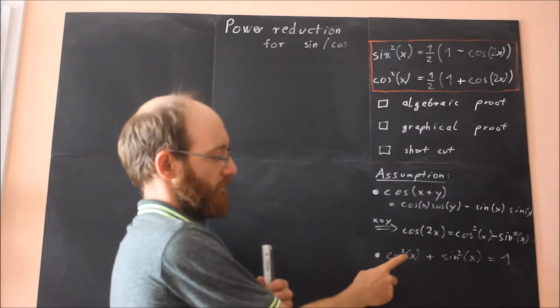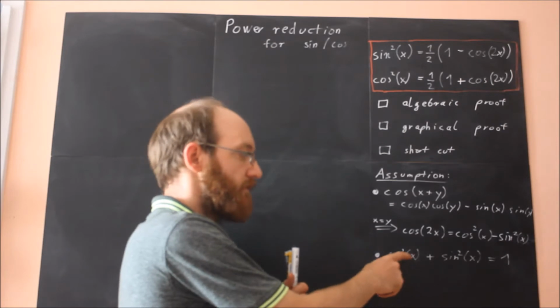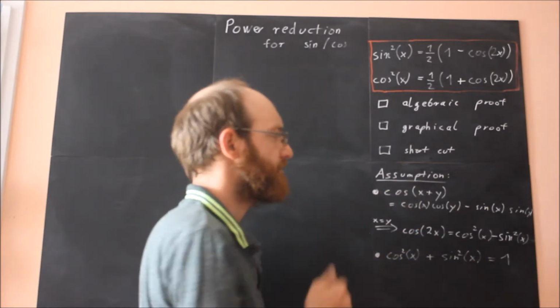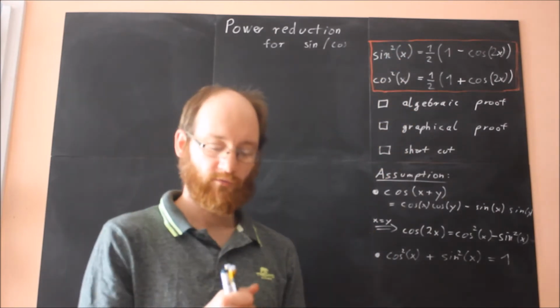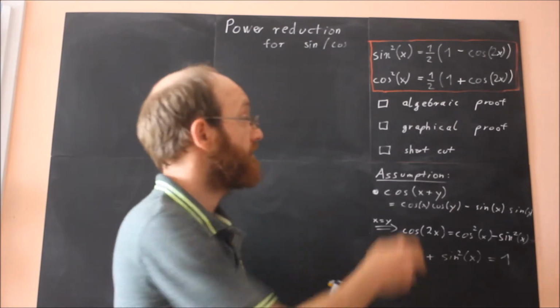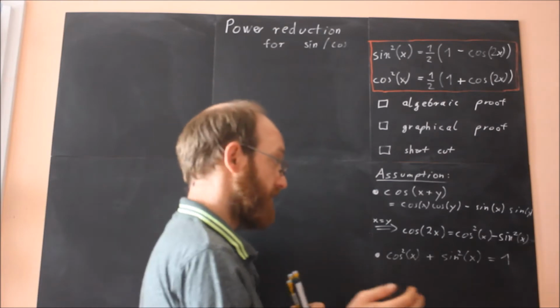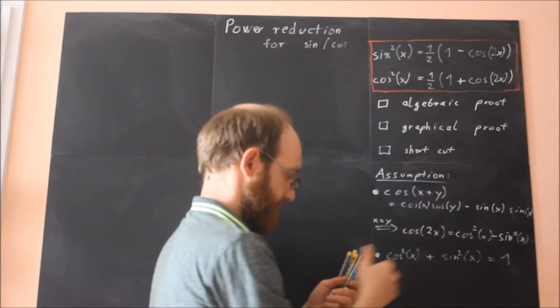And we assume we know the trigonometric Pythagorean theorem, cosine squared plus sine squared equals 1. Okay, so we will not prove this. I want to take care of the power reduction formulas, and I want to show three ways. So the first way is the algebraic proof, and as you can guess, we will use these two equations.